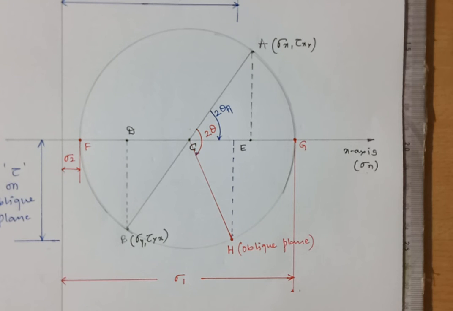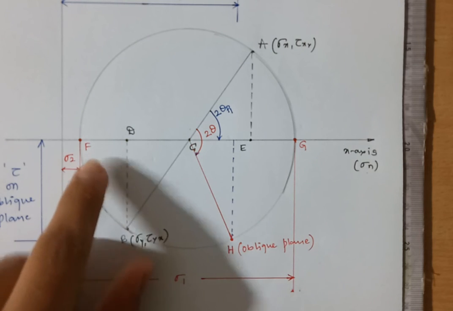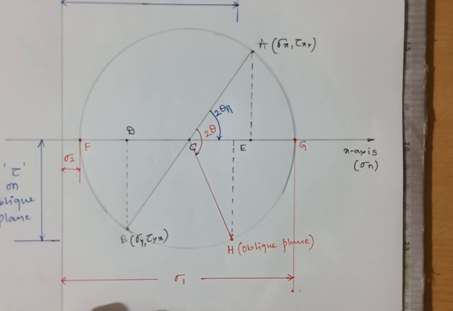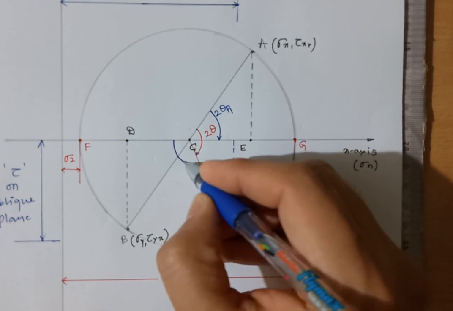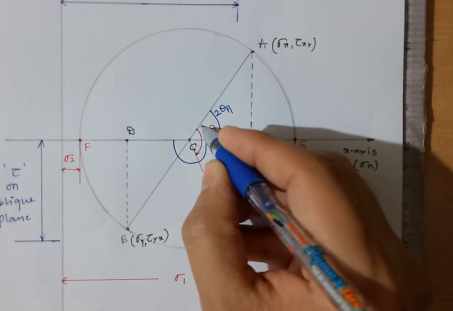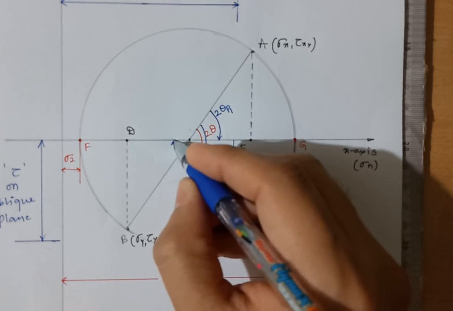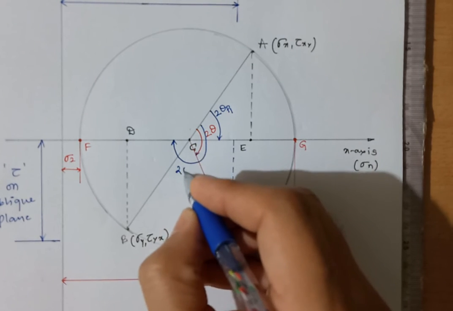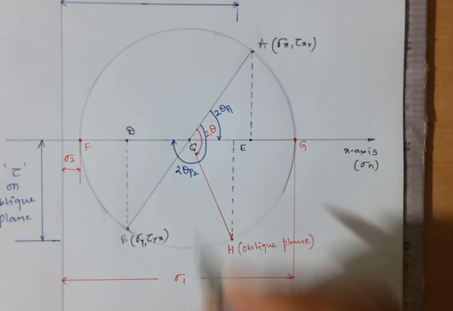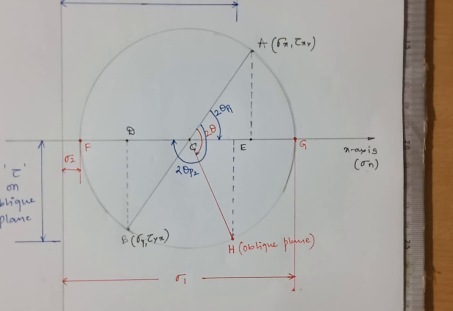Similarly, I need to mark the angle of the minor principal plane. The minor principal plane is plane number F, right? For that, I'll mark this angle as 2 theta P2, right?